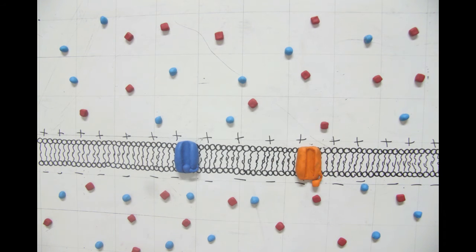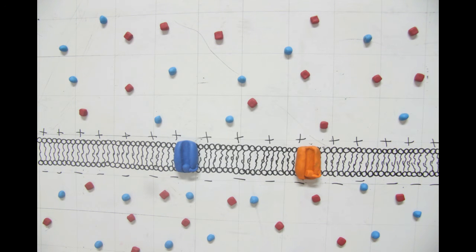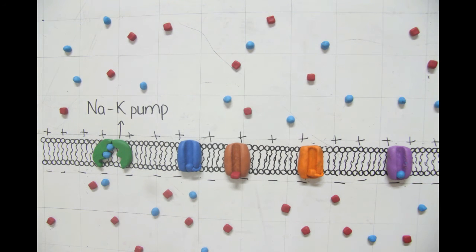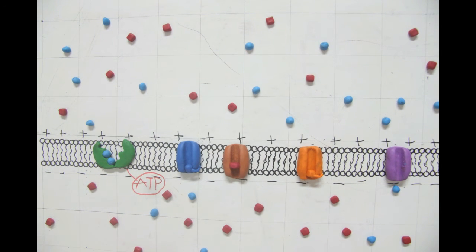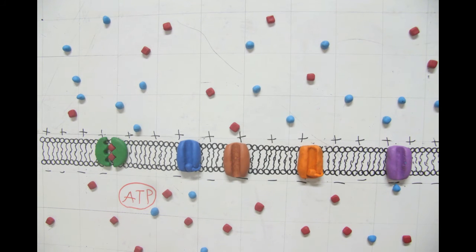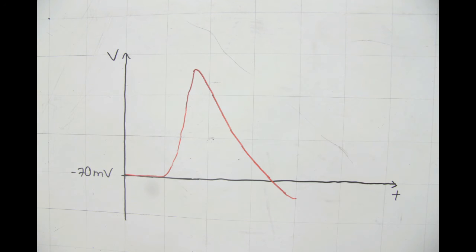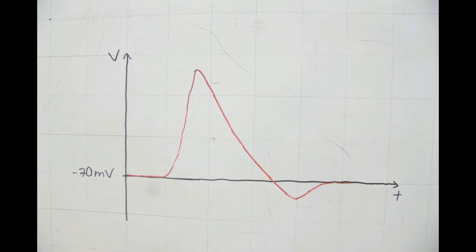After a while, the voltage-gated potassium channels close too, and through passive ion channels and sodium-potassium pumps, which force sodium and potassium ions back to their previous sides, using ATP energy, the membrane potential gradually rises back to the resting potential.